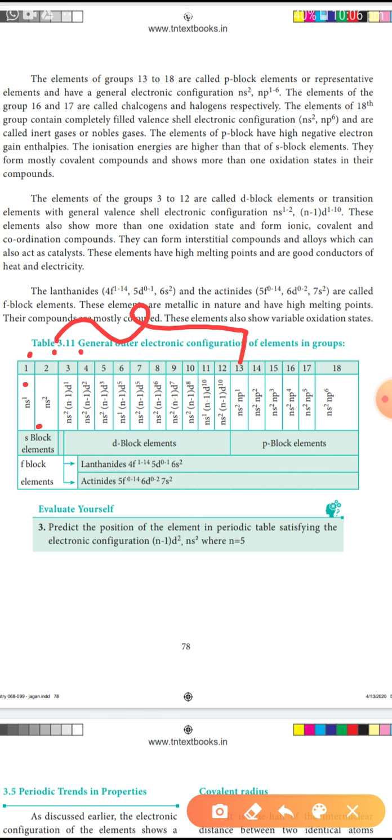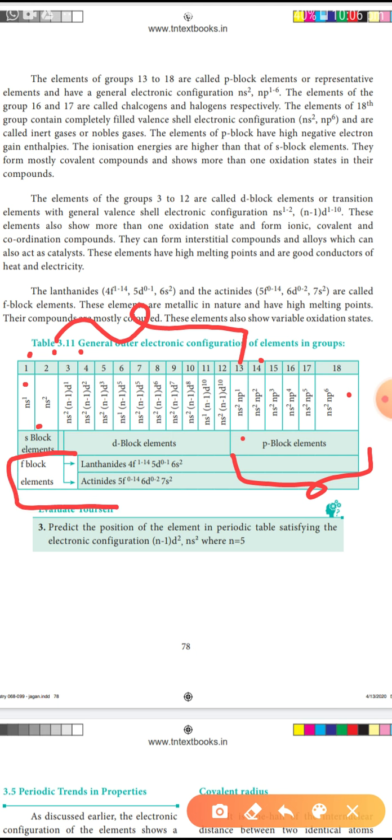Like that, groups 13 to 18 are called p block elements. The p block general electronic configuration runs from ns2 np1 to ns2 np6. The 13th group means ns2 np1, 2 plus 1 is 3. The 14th has 4 outer electrons, ns2 np2. The 15th is ns2 np3. Next are the f block elements, the lanthanides and actinides.